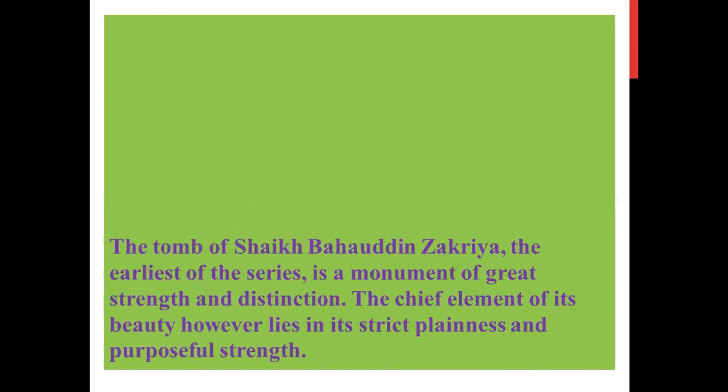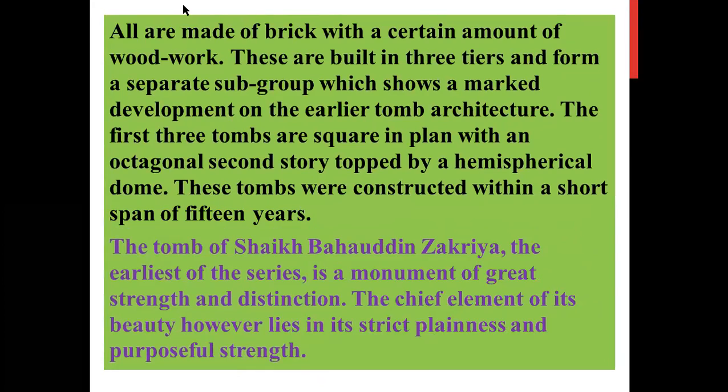Dear students, all are tombs made of brick with a certain amount of woodwork. These are built in three tiers and form a separate subgroup, which shows a marked development on the earlier tomb architecture.